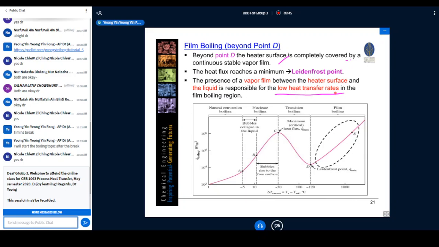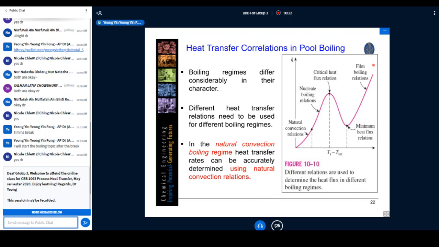It started with the first boiling curve, and then explained section by section. So this is the summary: you have natural convection, nucleate, critical heat flux, minimum, and film boiling. The boiling regions differ considerably in their character, and different heat transfer relations need to be used for different boiling regions.